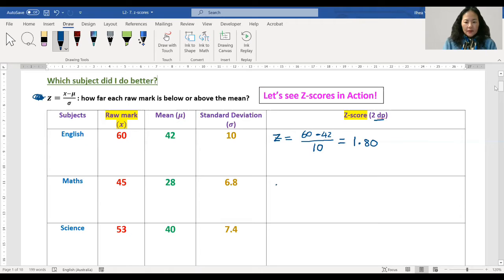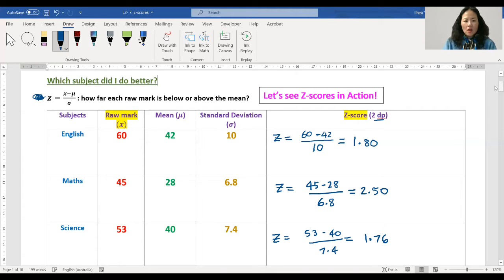Then the maths. My raw mark was 45, the mean is 28, and the standard deviation is 6.8. I put that in and get 2.50. For my science, I've got 53 take away 40 all over 7.4, and put it in your calculator, you will get 1.76.